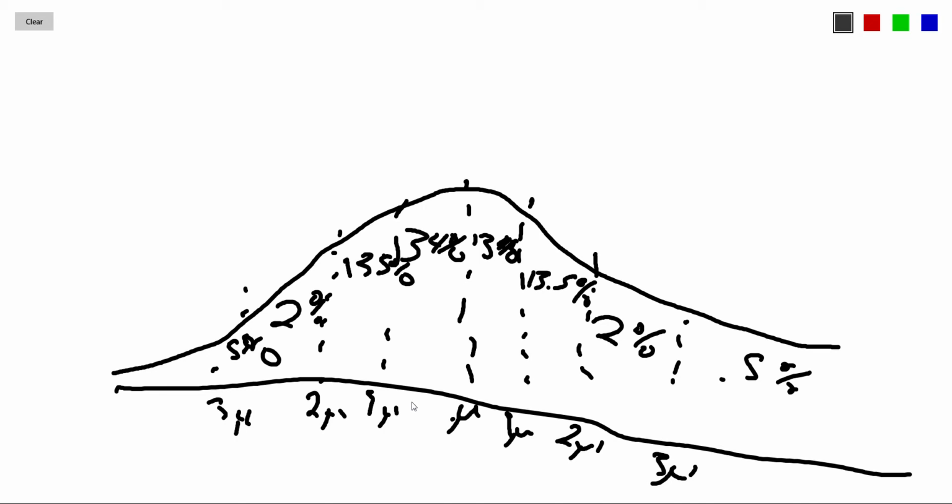So, anything from 3 mu to 3 mu, that's going to be 99%. Anything from 2 mu to 2 mu, it's going to be 95%.